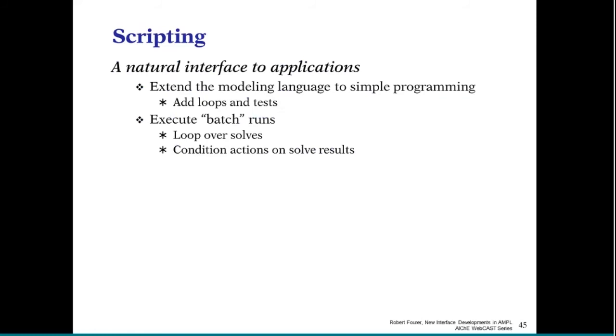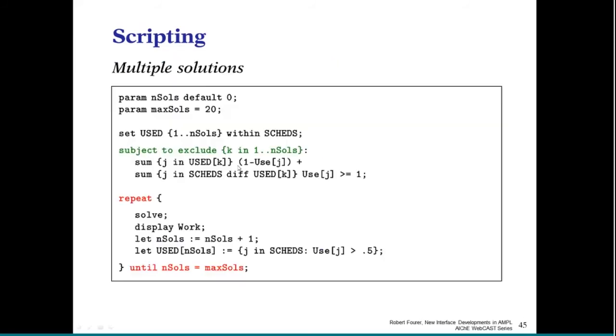Now that I have this modeling language, I want to be able to give a bunch of commands and write a loop over them, or say, if this is true, then do this, otherwise do that. And I want to be able to write this whole script and just run it as a batch thing, have a loop over various solves, test various things, and take action depending on the results. It wasn't long before we had to provide such a thing.